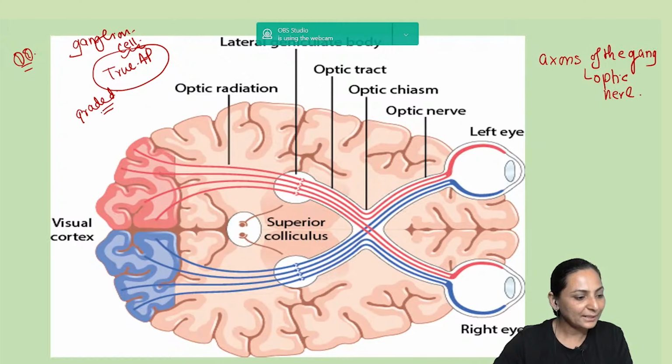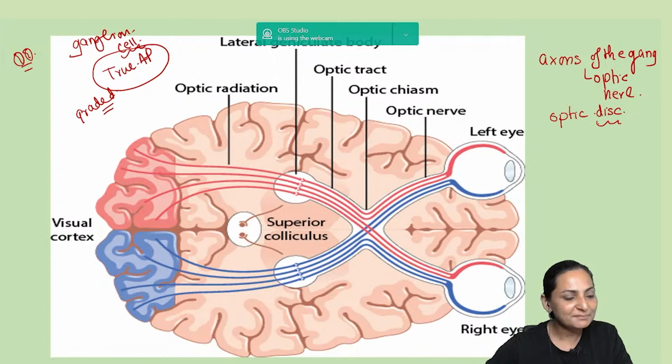Now when the axons leave the eye and form the optic nerve, they leave the eye from the optic disc, which is the physiological blind spot, right? Now as they leave the eye, what will this optic nerve have?